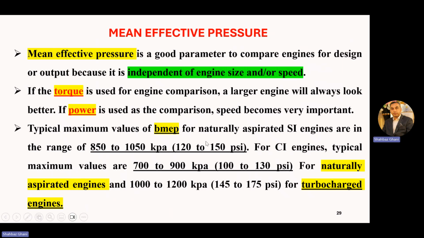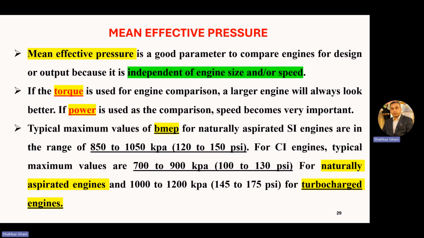Mean effective pressure is a good parameter to compare engines for design or output because it is independent of engine size and of speed. First we discussed work, then mechanical efficiency. Now the third operating characteristic is the mean effective pressure.